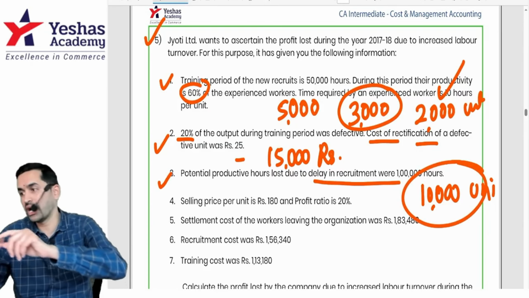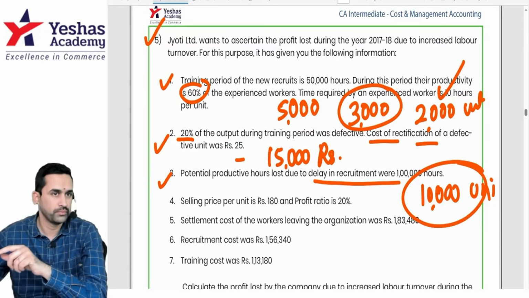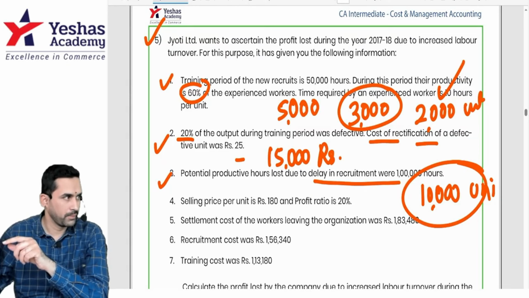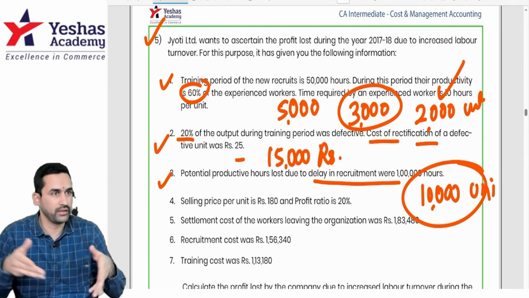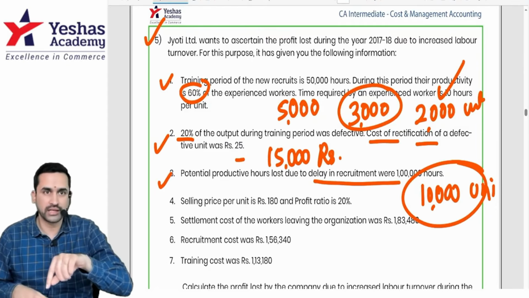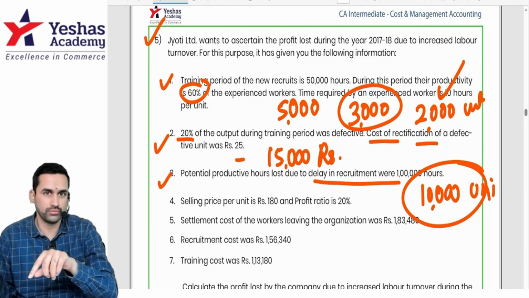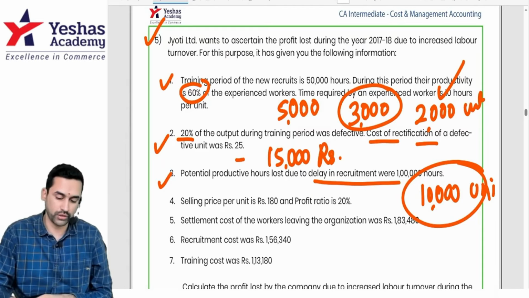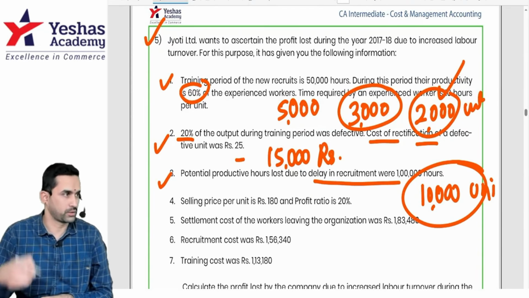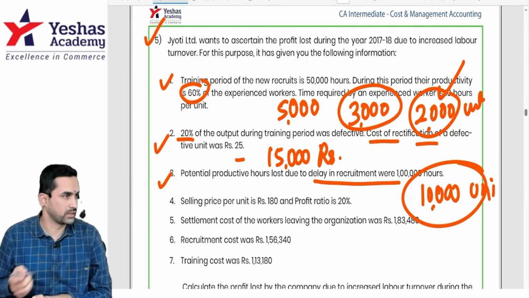The 2,000 is after hiring, he was slow. Able to follow the difference? In the time gap of nobody working, you lost this. After that guy started, he was slow. Then also you lost something. Correct? That means total loss of units should be 10 plus 2, 12,000 units.